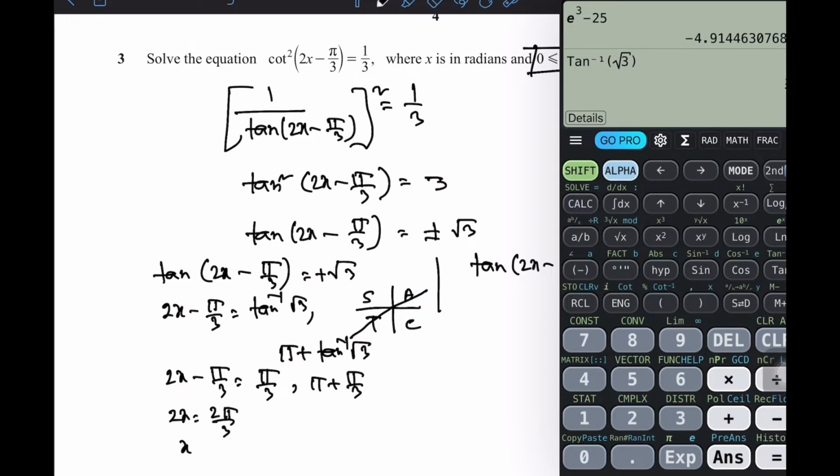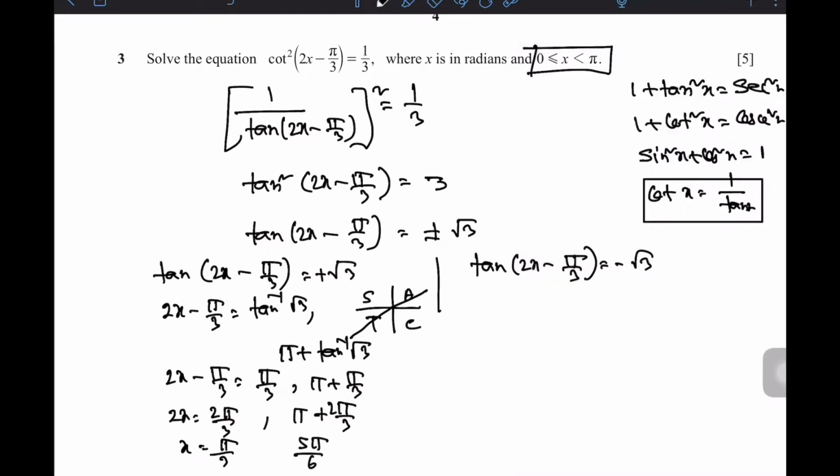Then making x the subject, 2 pi by 3 divided by 2 is pi by 3. Then another one is pi plus pi by 3 plus pi by 3, that means pi plus 2 pi by 3, and then 5 pi by 3 divided by 2 is 5 pi by 6.